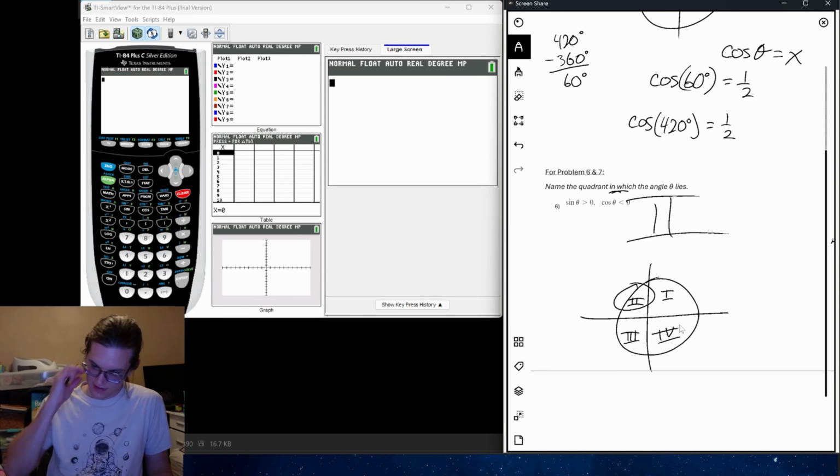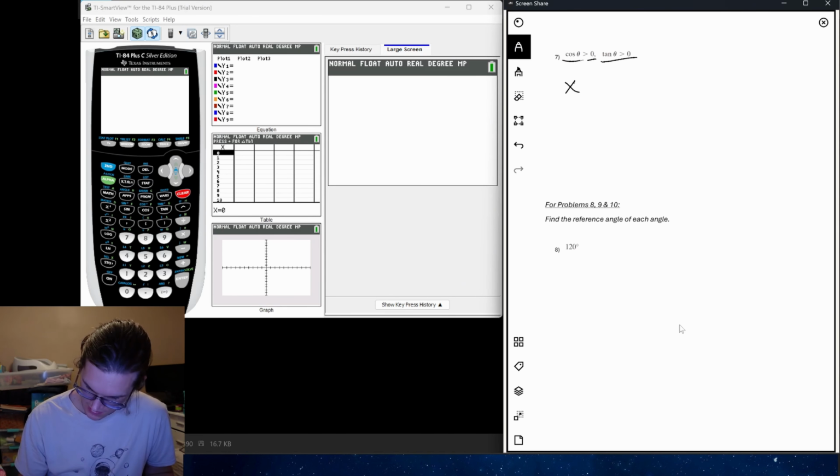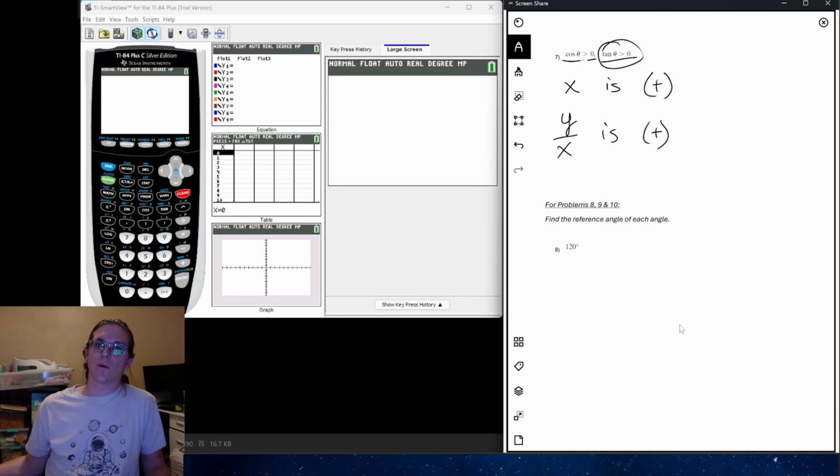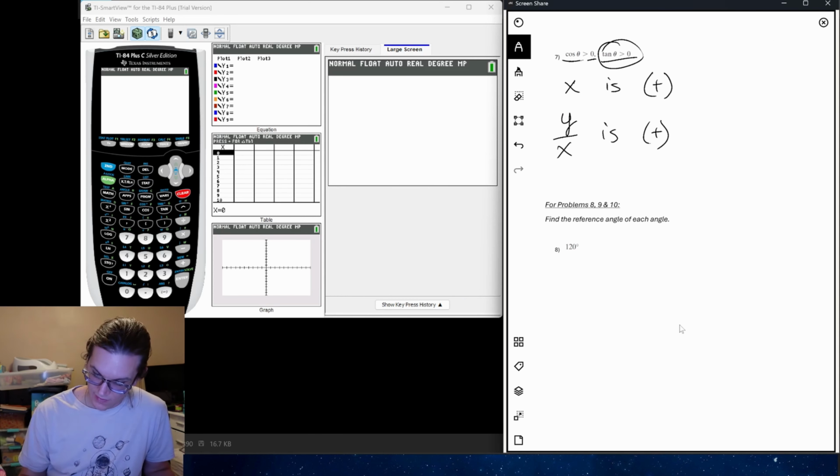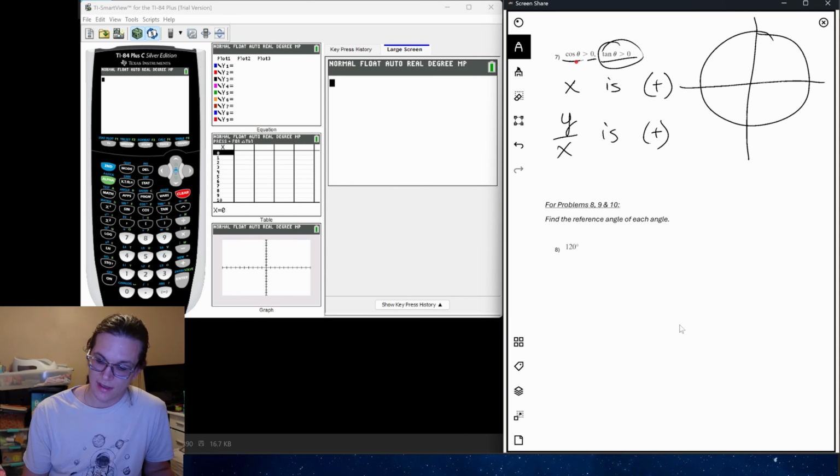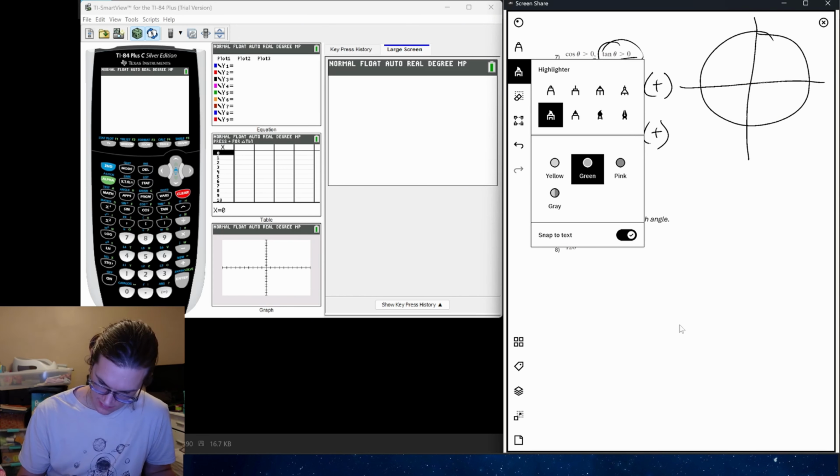All right. So for 7, it's going to be the same thing. X is positive, and tangent, y over x, is positive. So what quadrant does this happen in? Well, we have to think. If the cosine is positive, that means the x is positive.